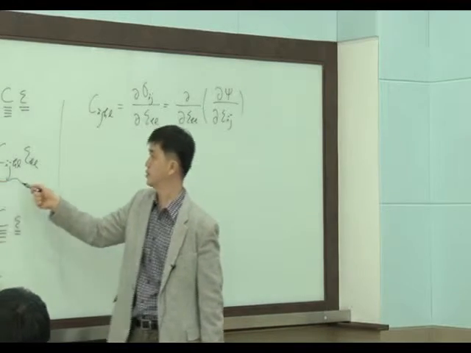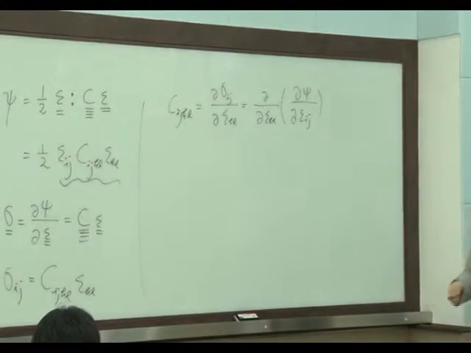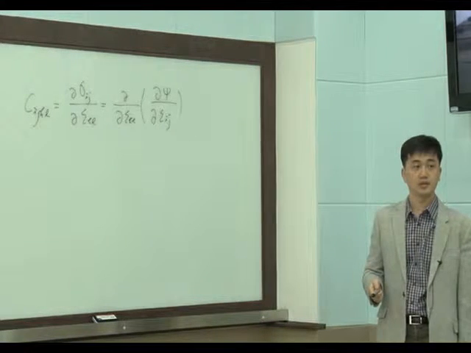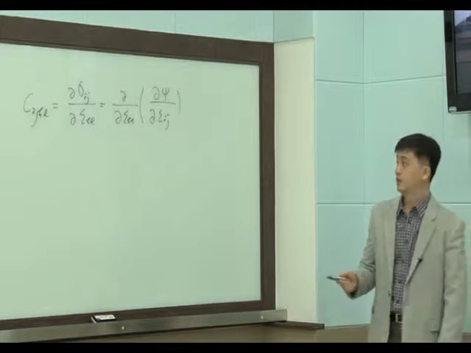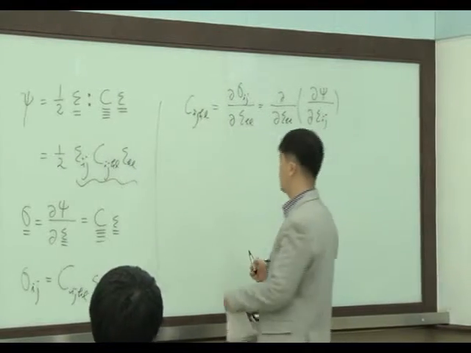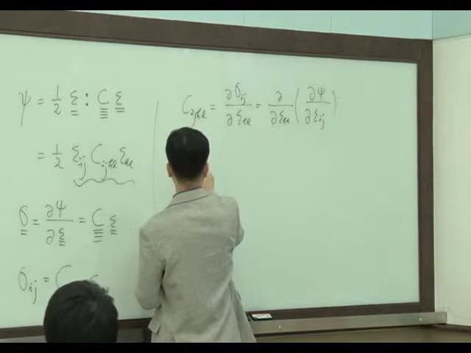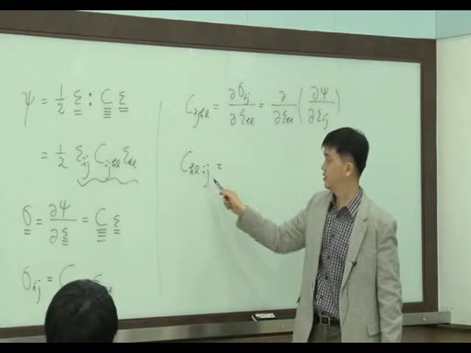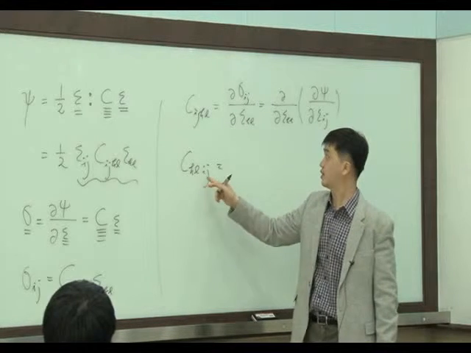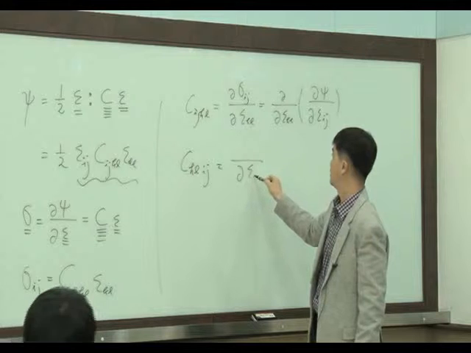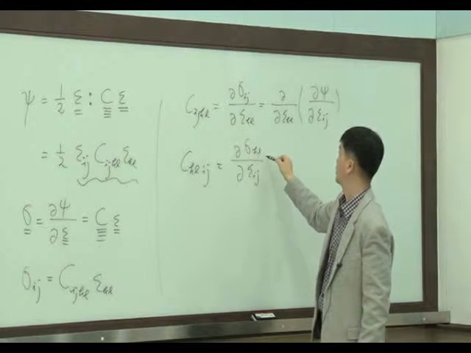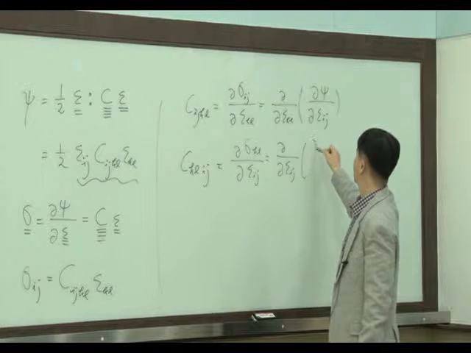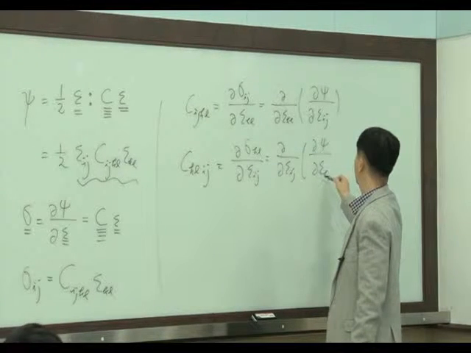From this equation, if we take the derivative twice, we can calculate the material law C. And also, let's consider C_klij. Here I just switch ij and kl: C_klij equals the derivative of stress σ_kl with strain ε_ij, right?